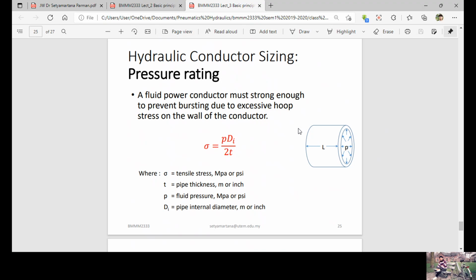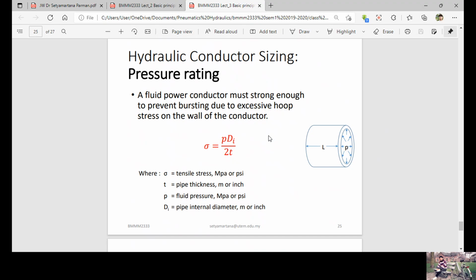When we study solid mechanics, we have this relation. So the tensile stress, that is the normal stress, equals the pressure inside the pipe multiplied by the inner diameter divided by 2 times thickness.